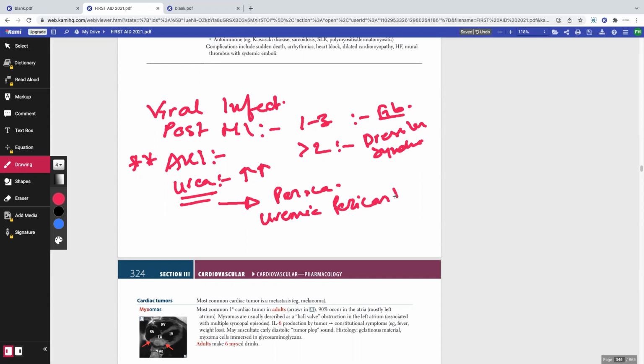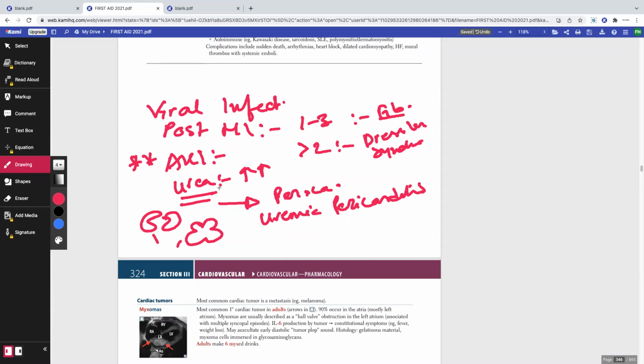This is exceptionally important for Step 1 because this type of question allows the people who make the questions to tie two organ systems together, that is the kidney and the heart. So with one question, they can test your knowledge about the renal system and the CVS system.